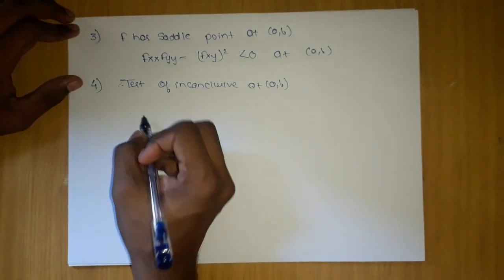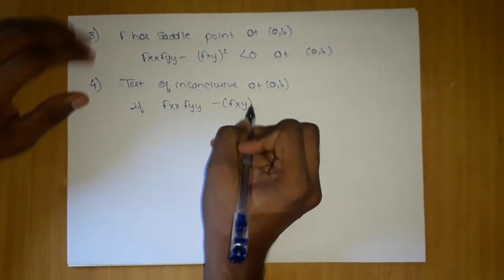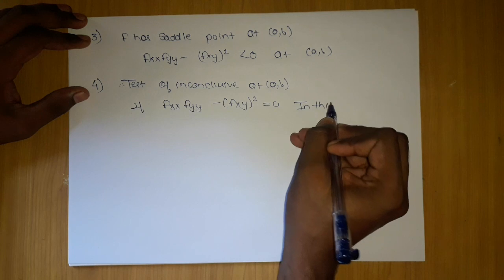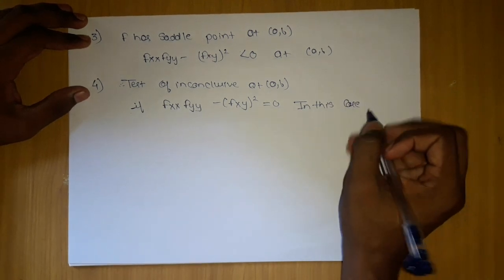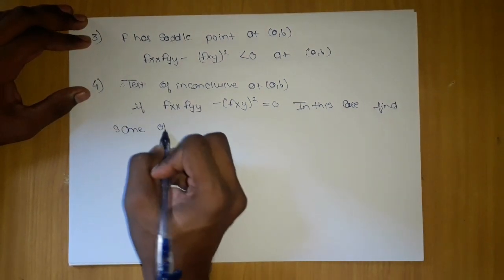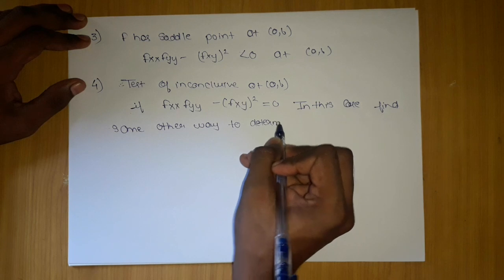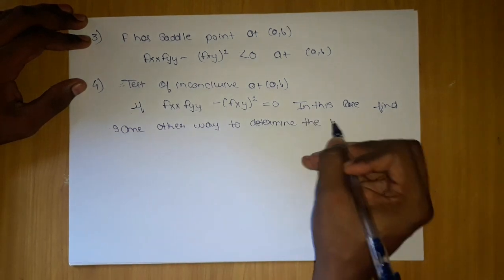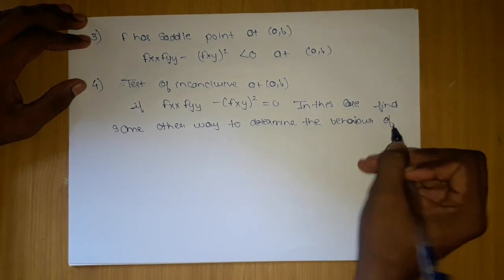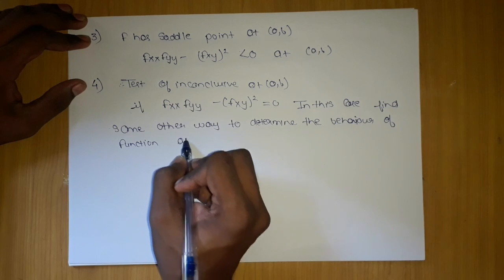What happens in this condition is, if f double x f double y minus f of xy the whole square is equal to 0, in this case we have to find some other way to determine the behavior of a function at (a, b).